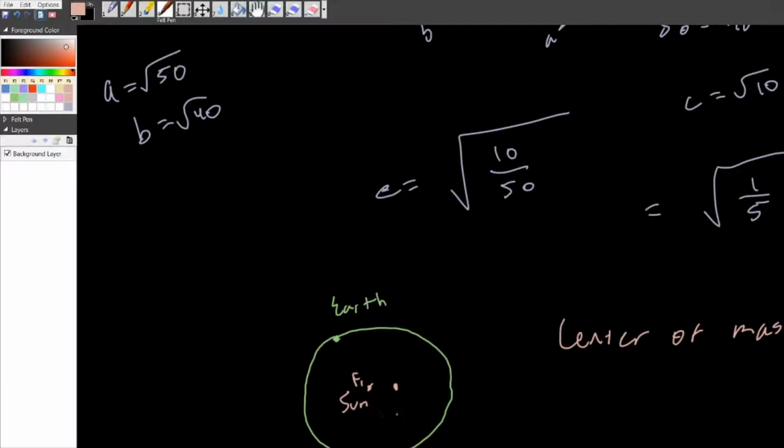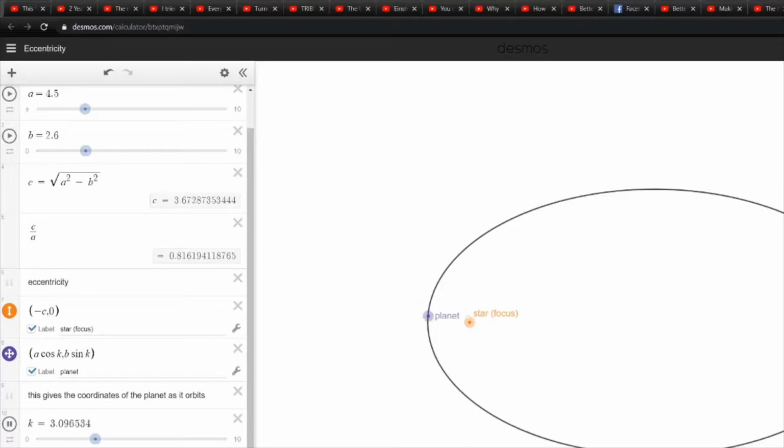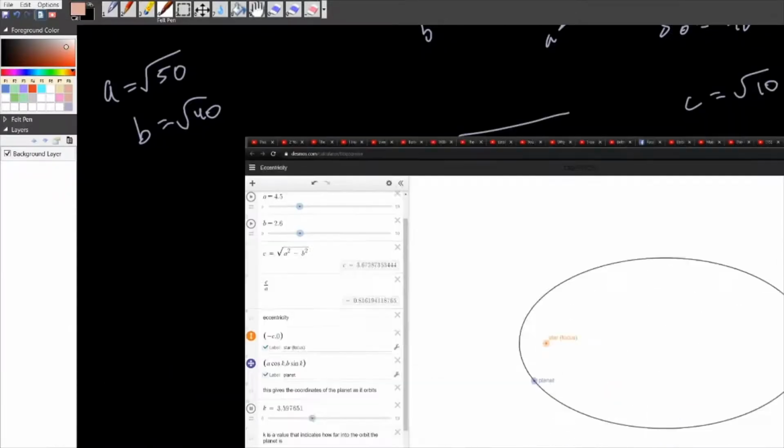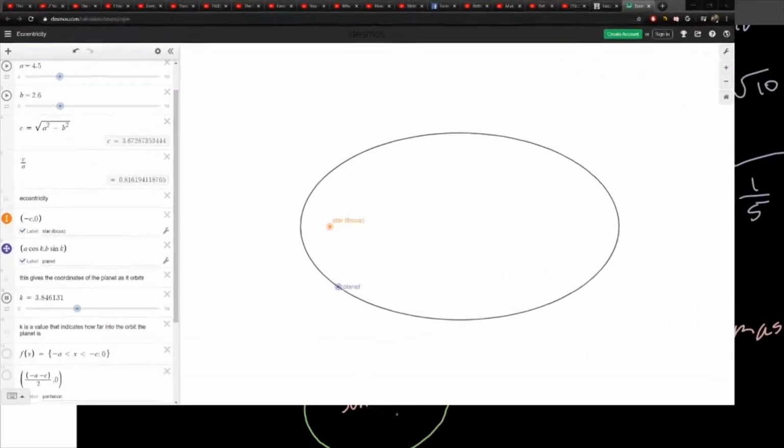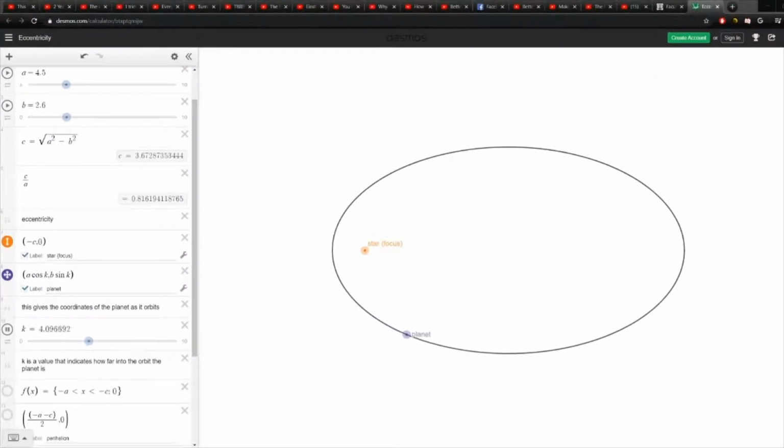So here I've got a planet orbiting a star. Let me switch my recording really quick. So all planetary orbits, all gravitational orbits are elliptical. So this is actually quite an elliptical orbit.